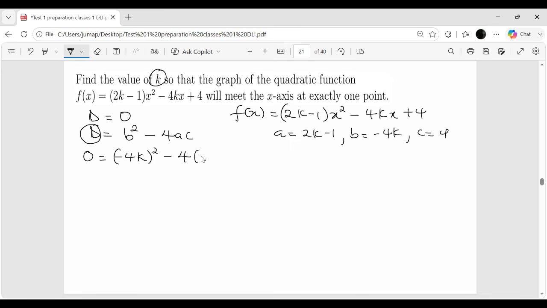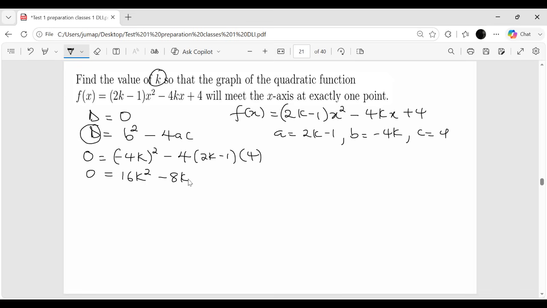My a is 2k minus 1. Okay, what is my c? My c is 4. As a result, I'm going to have 0 is equal to negative 4k squared is 16k squared. Negative 4 times 2k is going to be negative 8k. Negative 4 times negative 1.